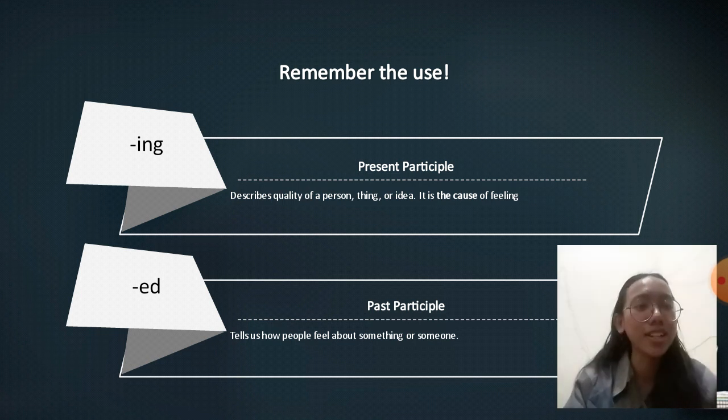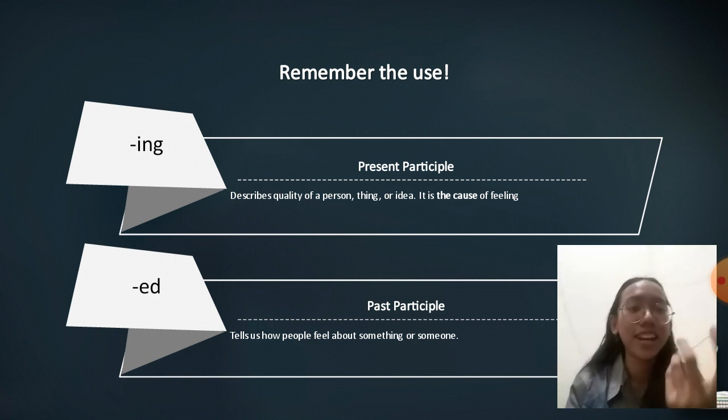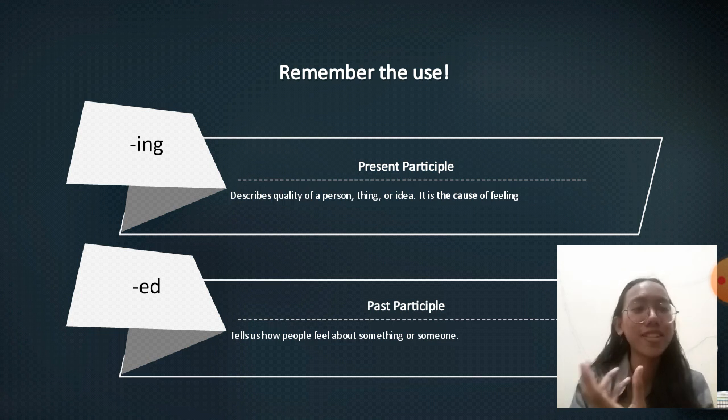Do you remember what Andre said? Right. The trip was so exciting. It means the exciting describes the quality of the trip. The trip is fun. Andre went to many places, and therefore the trip is exciting.